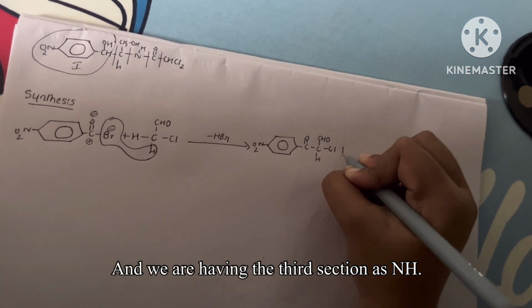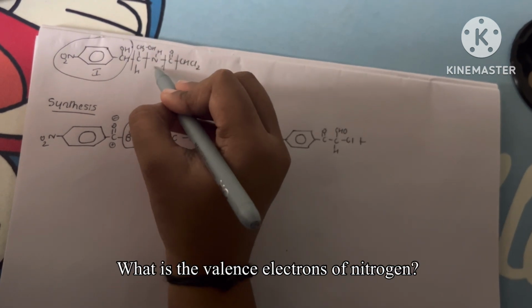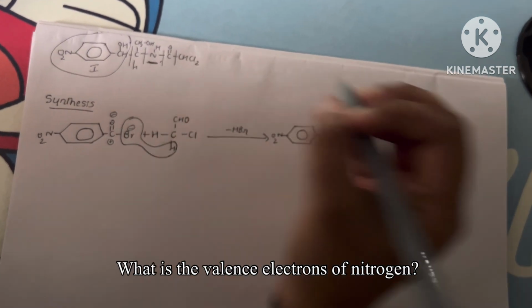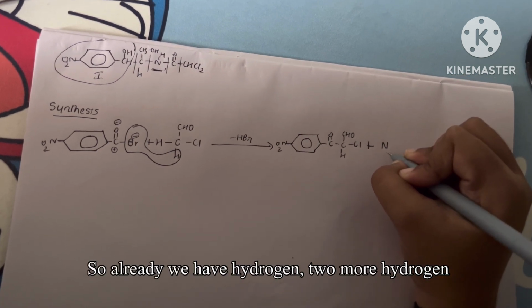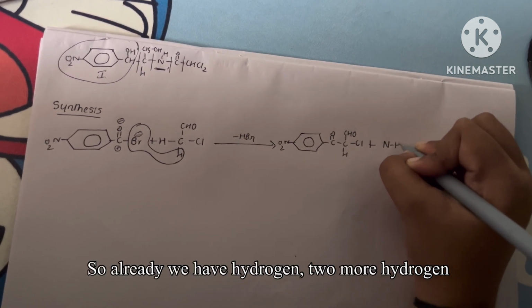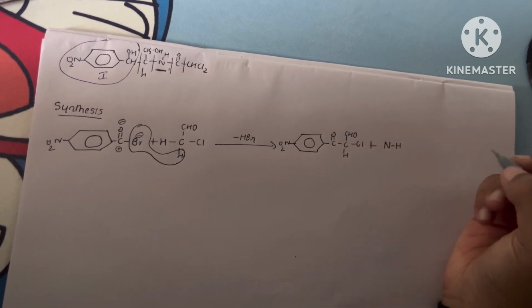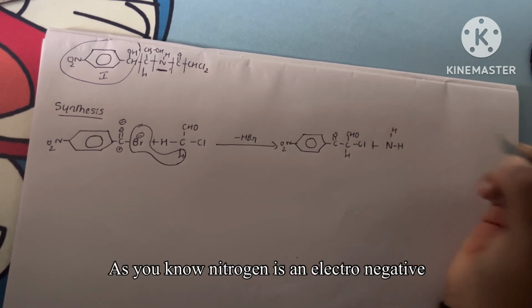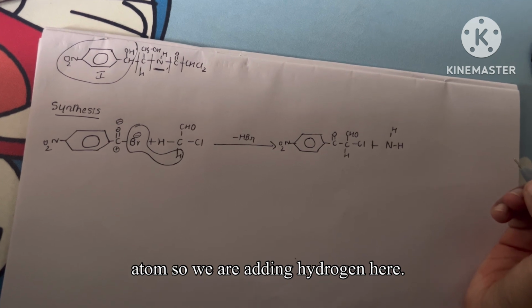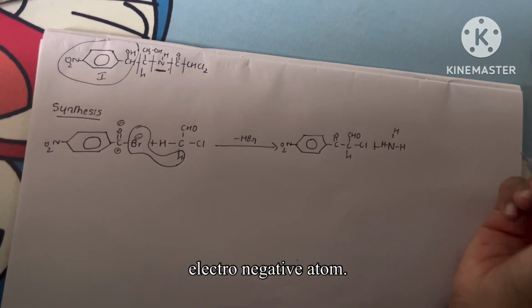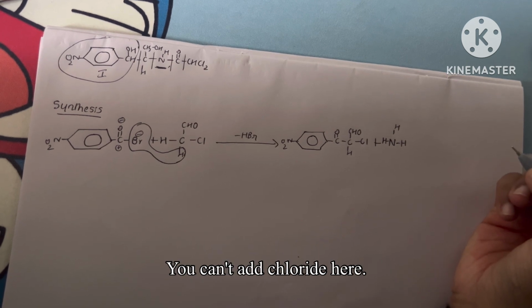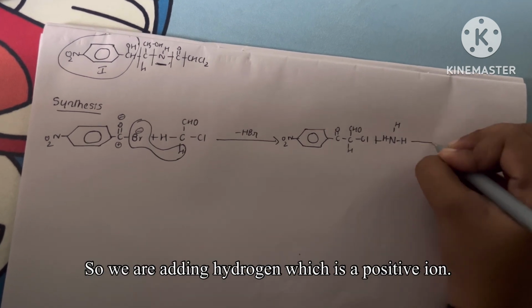Okay. Next, the different section is ammonia. And in the third section we have NH. What are the valence electrons of nitrogen? It is 3. So already we have one hydrogen, 2 more hydrogens we have to add. As you know, nitrogen is an electronegative atom, so we are adding hydrogen here. You can't add an electronegative atom to an electronegative atom. You can't add chloride here. So we are adding hydrogen, which is a positive ion.